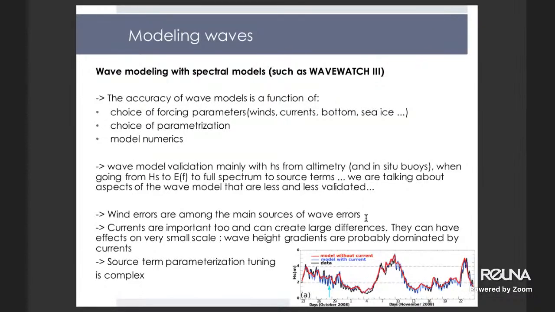You can see that there are a lot of oscillations that are well reproduced when including current, and which are absolutely not reproduced without current. This is mostly because we are offshore Brittany and there are strong tidal currents, which are really important to model and to take into account. And as I said a bit earlier, source term parametrization tuning can be quite complex, but it's a really important step in wave modeling.